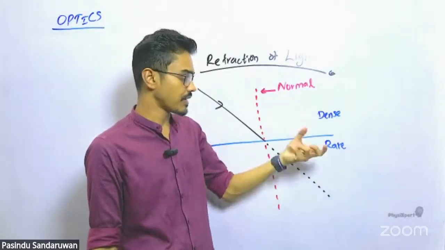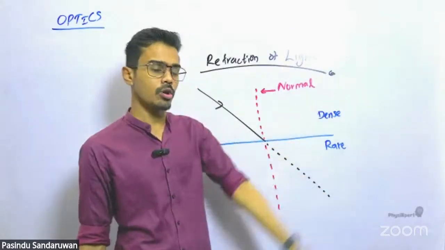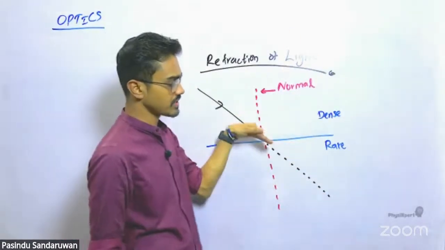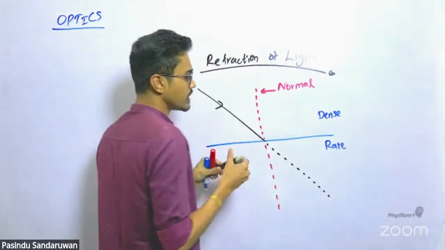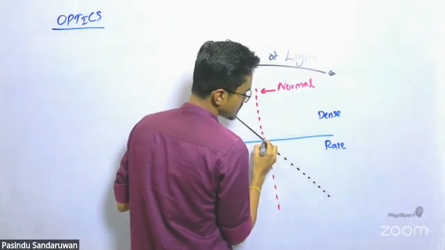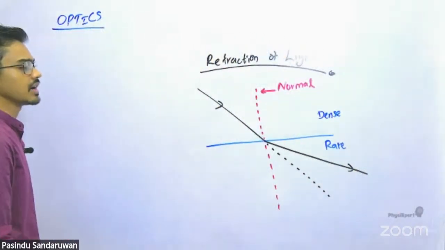As a result of refraction, when the light ray travels from dense to rare, it bends away from the normal. From this original direction, it bends away from the normal, and this is where it is going to go. Something like this.